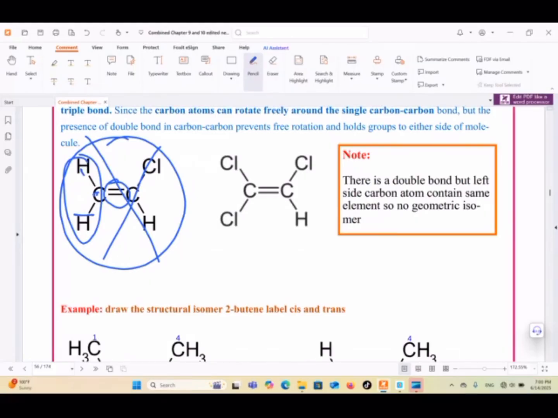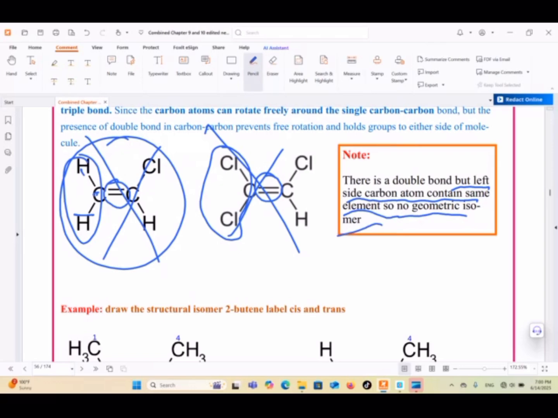The other one, the same: double bond exists, but the carbon is attached to the same chlorine, and then the chlorine here is attached to the same carbon. That's why it won't produce a geometric isomer. Here we have got a note: there is no double bond, but the left side carbon atom contains the same element, so no geometric isomer.